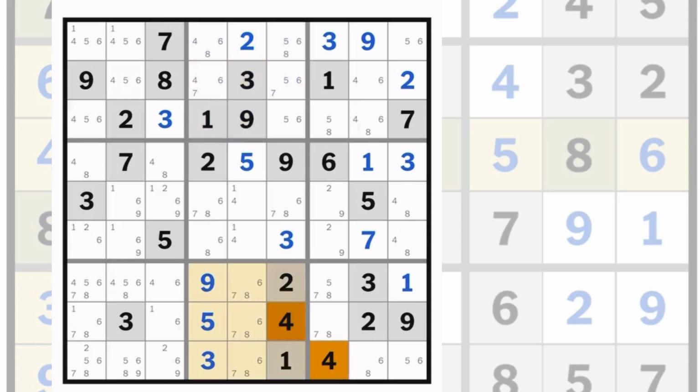So continuing with 4, then we go to 5, then we go to 6, we go to 7, we go to 8. Yeah, this 8 will not appear here, in which case this becomes 4, this becomes 8, and consequently we remove 8 from these 3 cells.